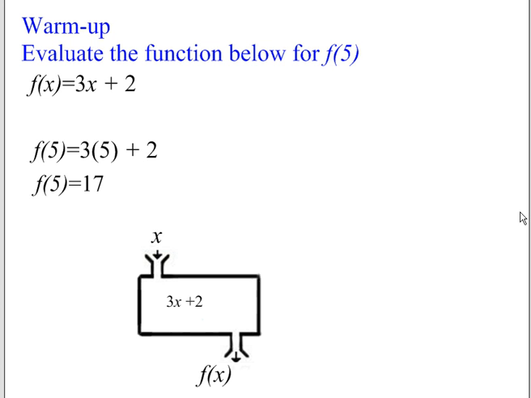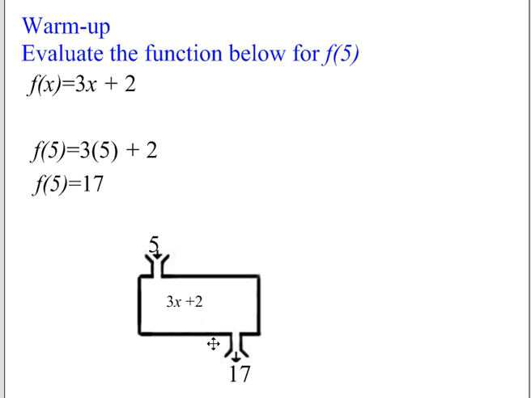One way you could think of functions is to think of them as a machine where x is input and it goes through some kind of rule or equation, and f of x is output. In this case, 5 is being input and 17 is being output.